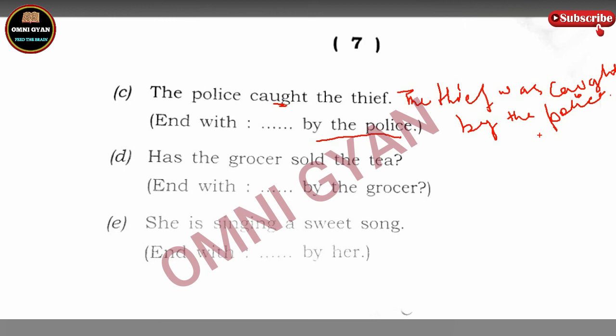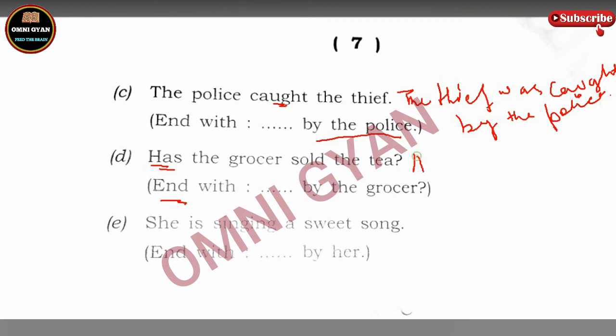Has the grocer sold the tea? So we have to end with by the grocer. Now this is an interrogative sentence, and it started with present perfect tense, right? Has, present perfect tense. Because we have to put by the grocer at the end, we can bring the tea in the beginning.